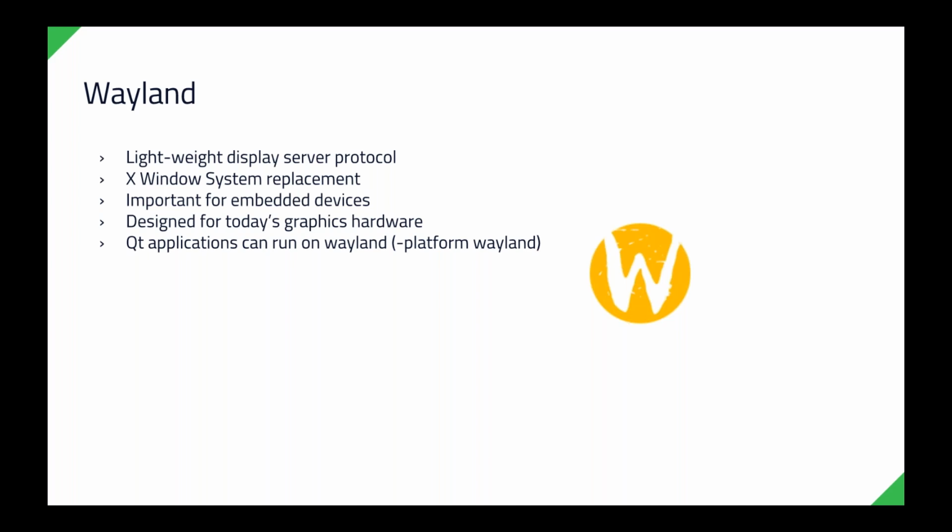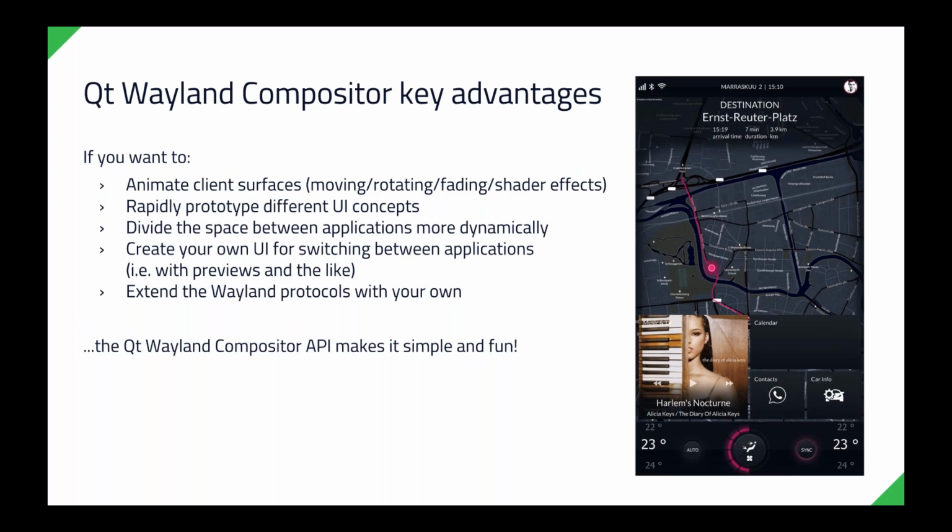So the server on Wayland is often referred to as a compositor. And while we support running Qt applications as clients, we also have an API for writing compositors. It's a very convenient API to make them yourself.